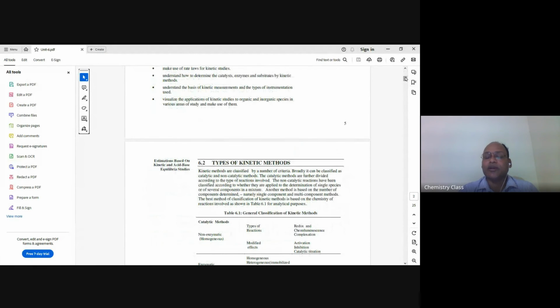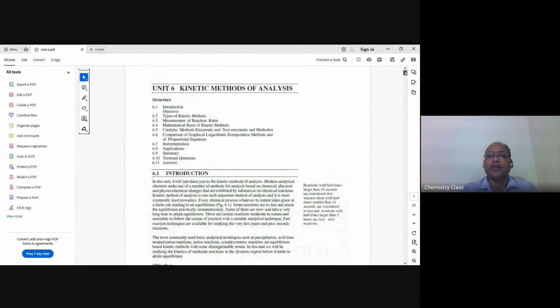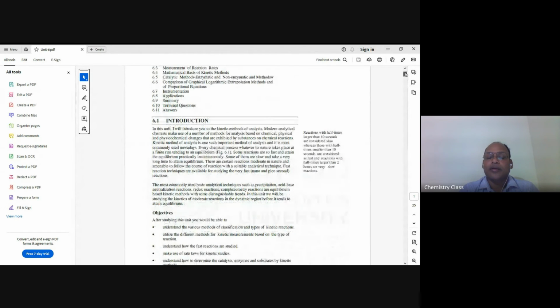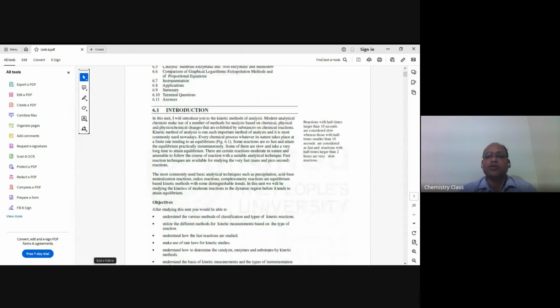Kinetic method means movement of molecules. So when the movement of molecules is there, collisions will be there, and the reaction rate will increase. Whether it is slow or fast does not matter. So we have to understand the things. So this is the kinetic method of analysis.